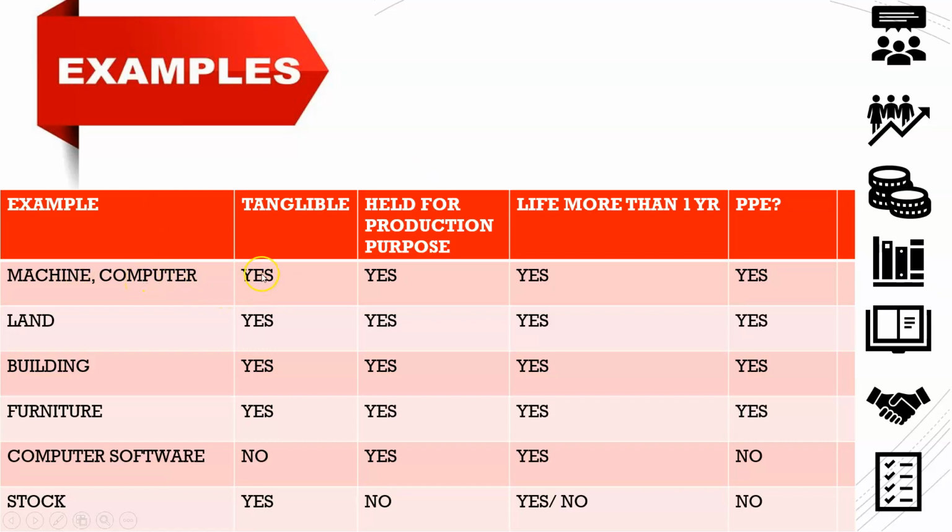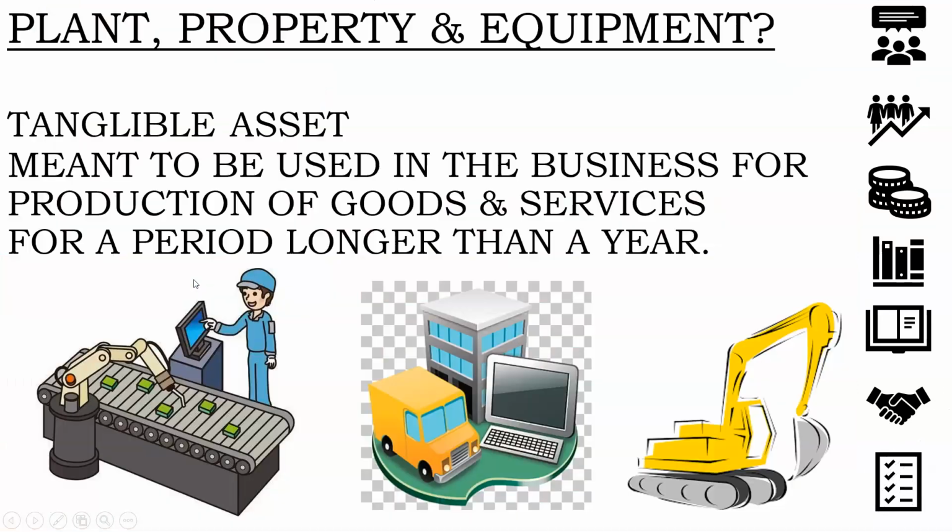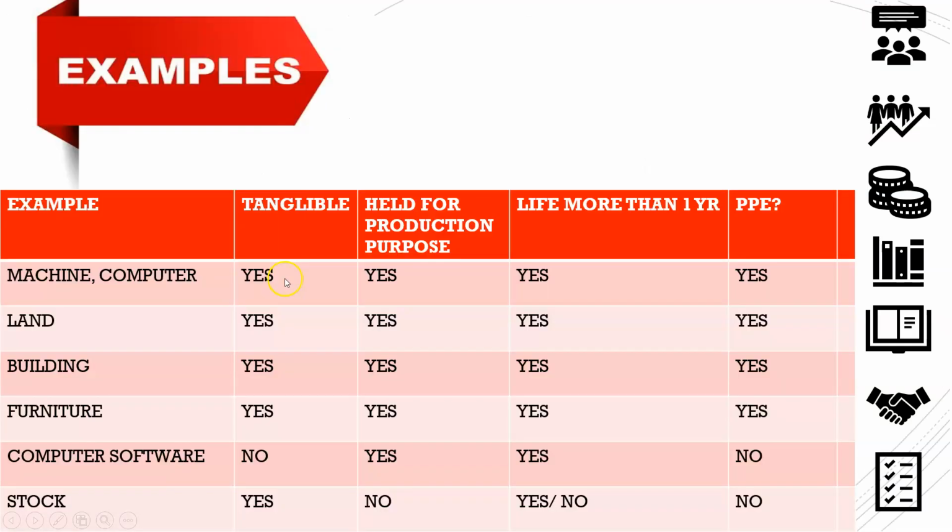Held for the purpose of production? Yes, we keep a computer or machinery for the purposes of business and production. Life more than 1 year? Yes, it would not expire within 1 year. Since all three things are present in machinery and computer, we say it is plant, property and equipment.